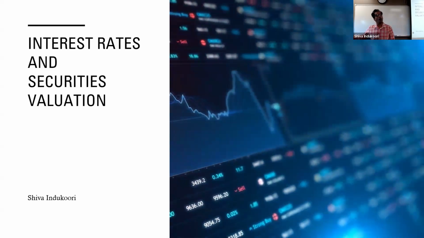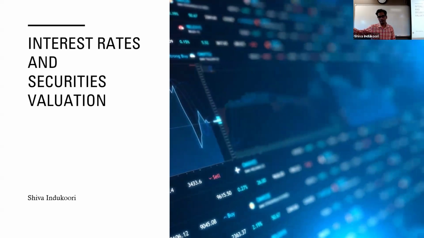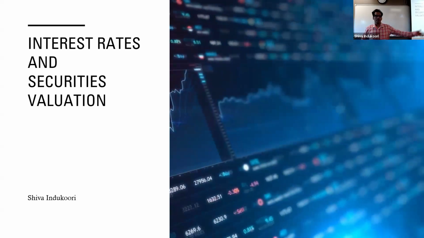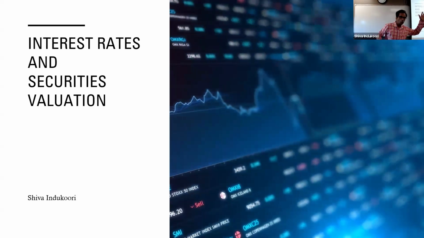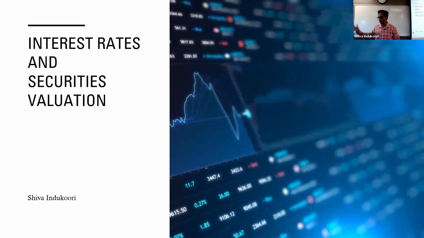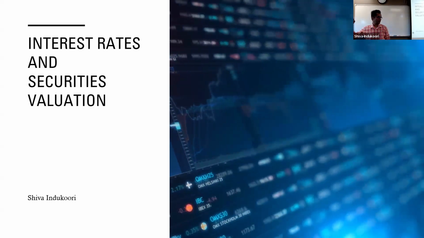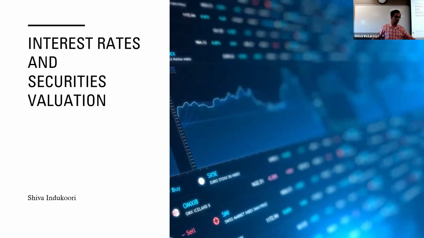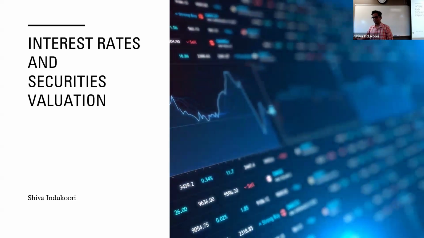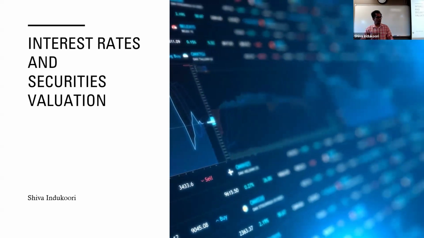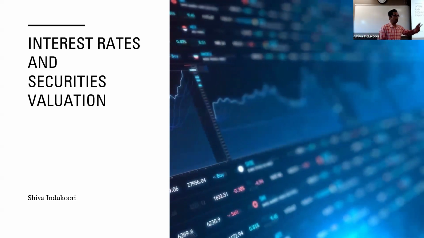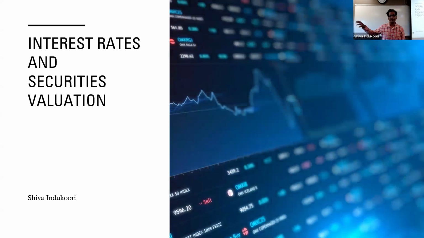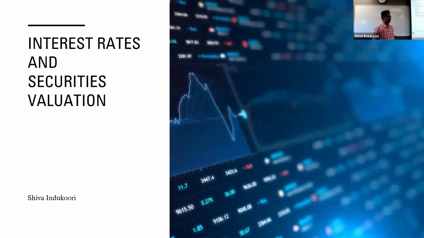But here, higher the returns, higher the dividends, capital gains. Debt instruments, no ownership. Equities are the owners. They have the voting rights. Okay, got it?